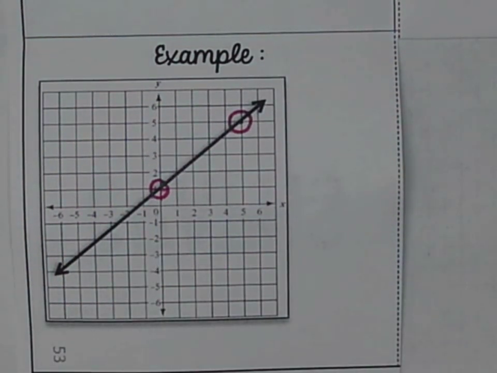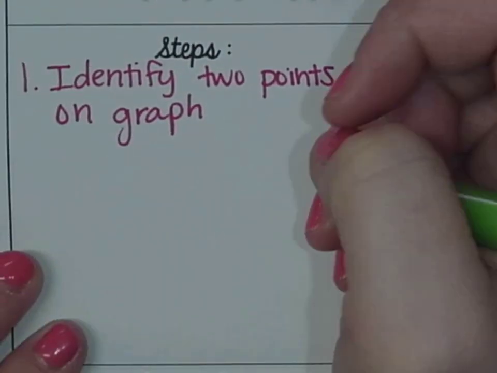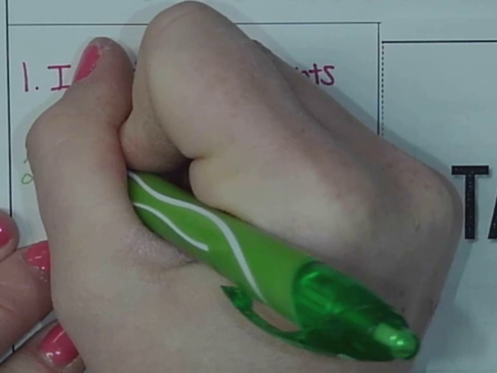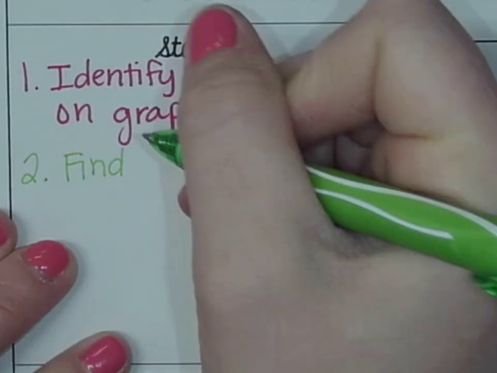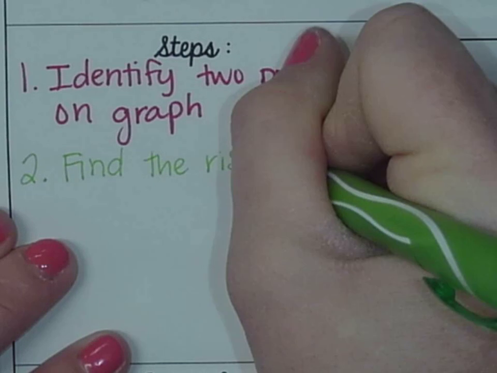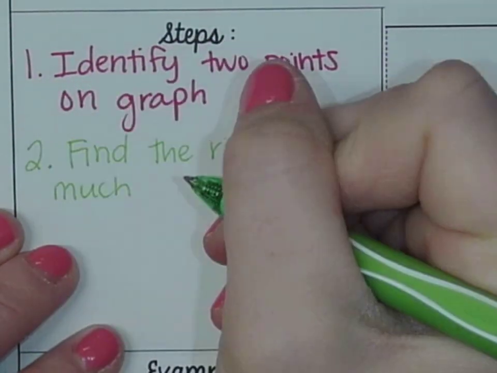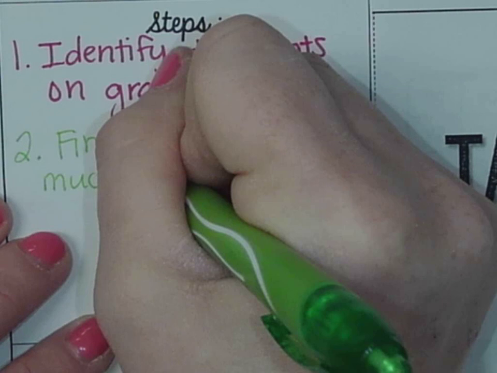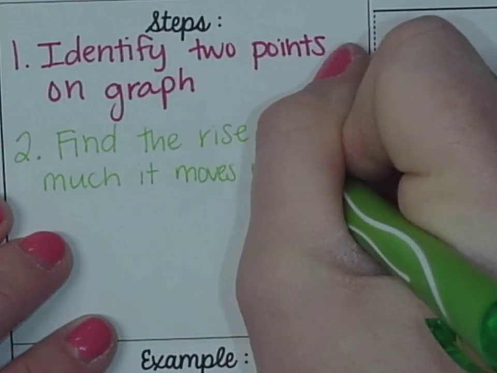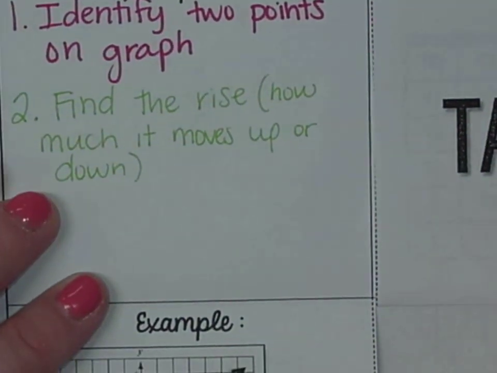Okay, I'm going to change colors. Hopefully you can see this color well. The second thing you're going to do is find the rise, or how much it moves up or down.